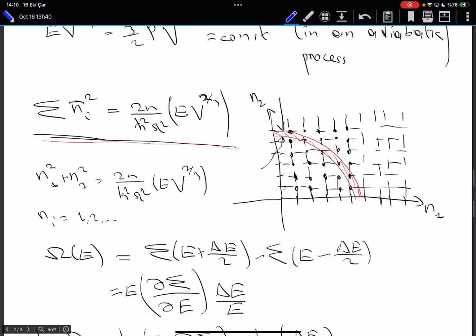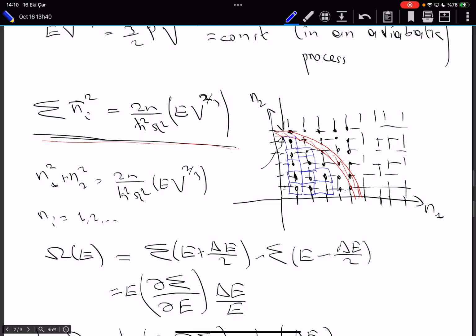So I will have a square here, another square here, another square here, etc. In higher dimensions, it will be just a unit cube, or unit whatever volume you have, a unit 3n-dimensional cube.